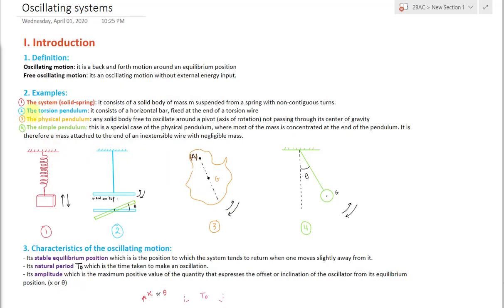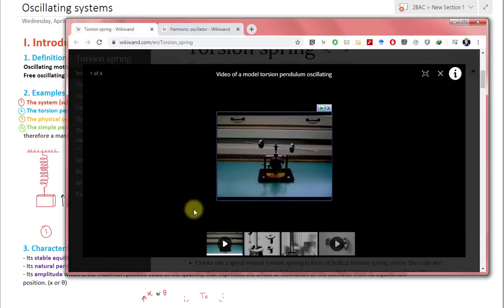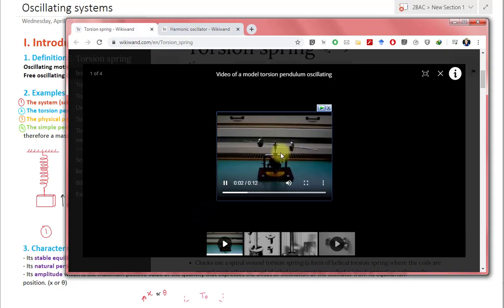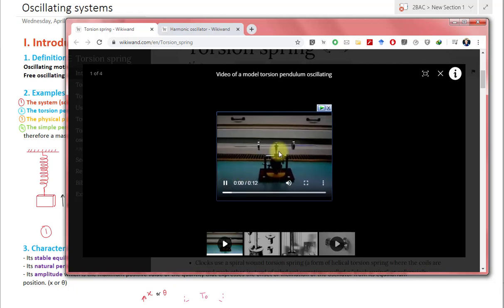Next we have the torsion pendulum. It consists of a horizontal bar fixed at the end of a torsion wire. We have an animation of this. In this example we have a horizontal bar on which we have fixed two masses, and it performs this oscillating motion, like a rotation around this axis.